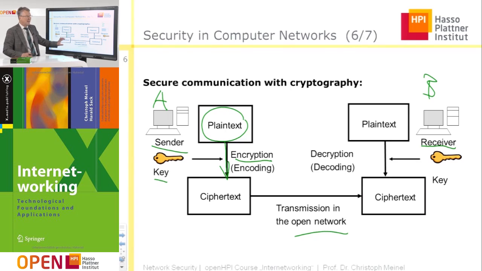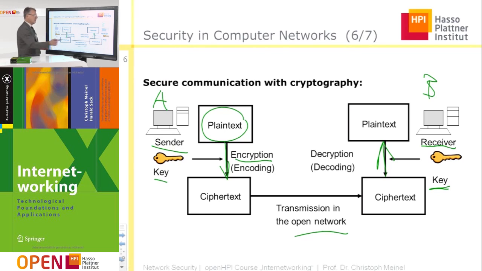Then the ciphertext is transported via the internet to Bob. It is transported through the open network. Everyone can access it, but nobody can understand it, because the only one who can understand is the one who has the key that is needed to decrypt, to change the ciphertext back into the plain text.